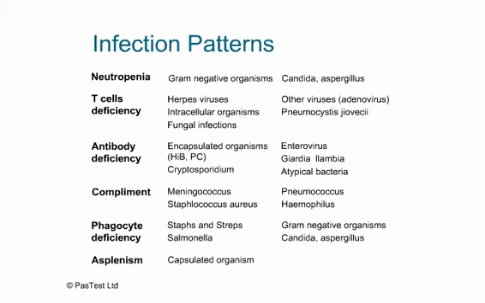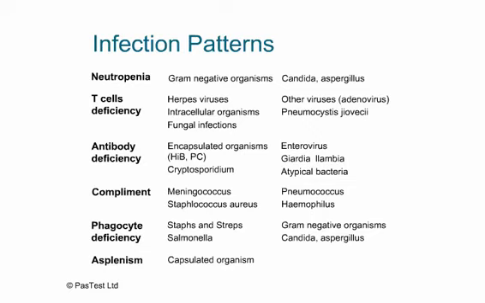And what we worry about in those patients are gram-negative organisms and fungus. The T-cell immunodeficiencies, we're really worried about viral infections, particularly herpes viruses, opportunistic infections, so fungal infections, Cryptosporidium, Candida, Pneumocystis jirovecii, and also intracellular organisms.